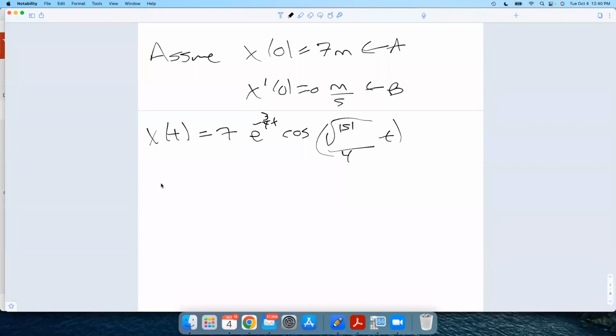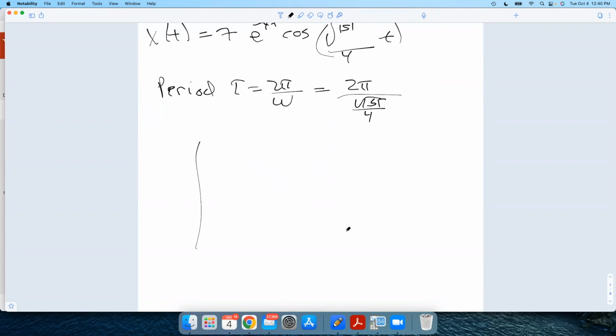What about my period? My period T is 2 pi over omega, 2 pi over the number inside there. So 2 pi over root 151 over 4, whatever that is. I'm just going to call that T for now. So we started at 7.